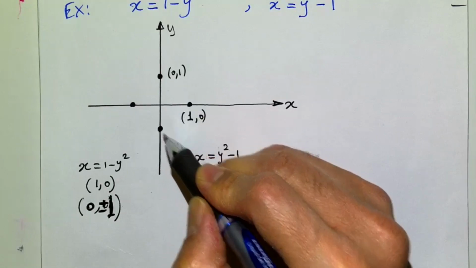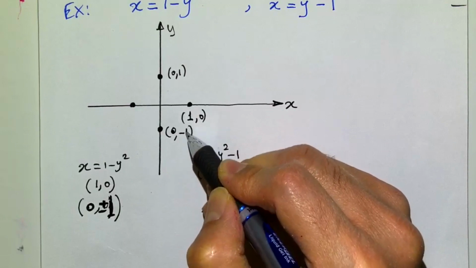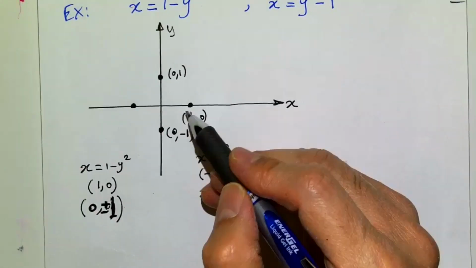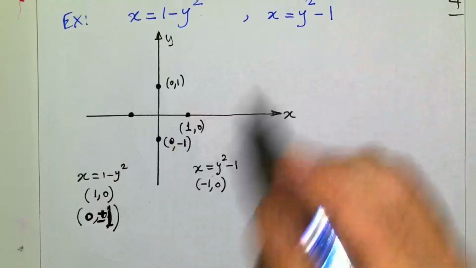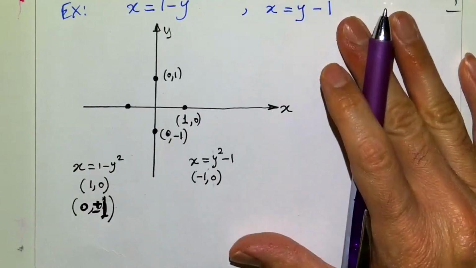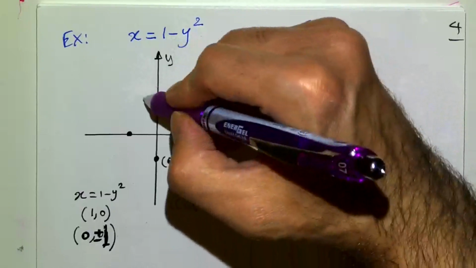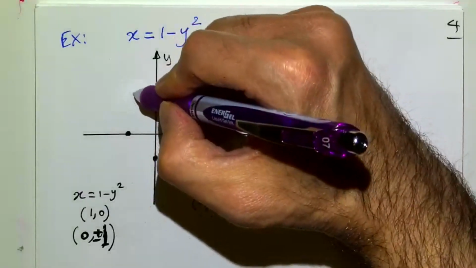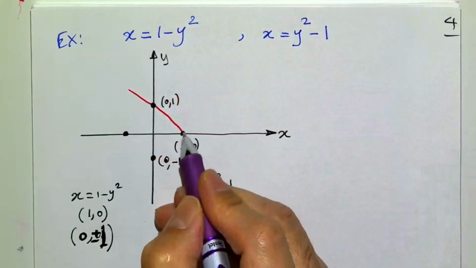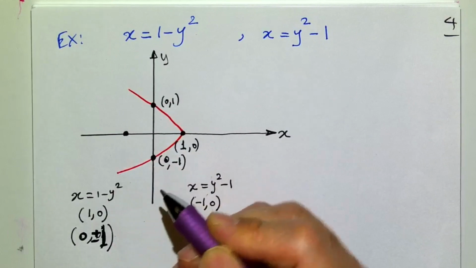So for these points, let's draw that curve. The curve comes through here, passes through that vertex, then curves back this way and goes that way.